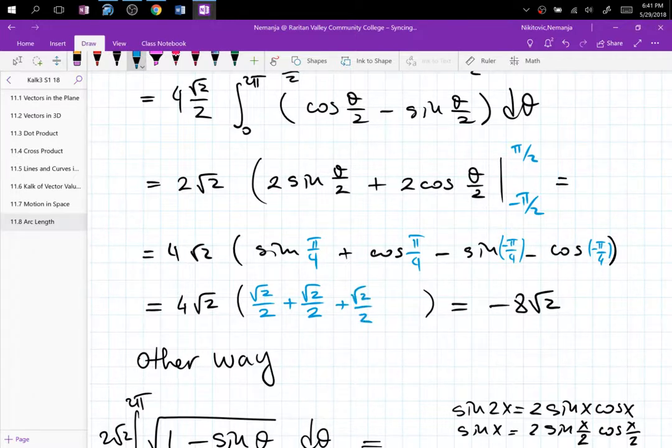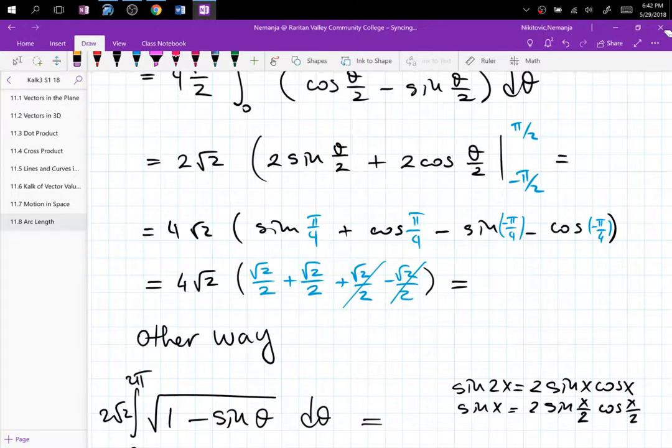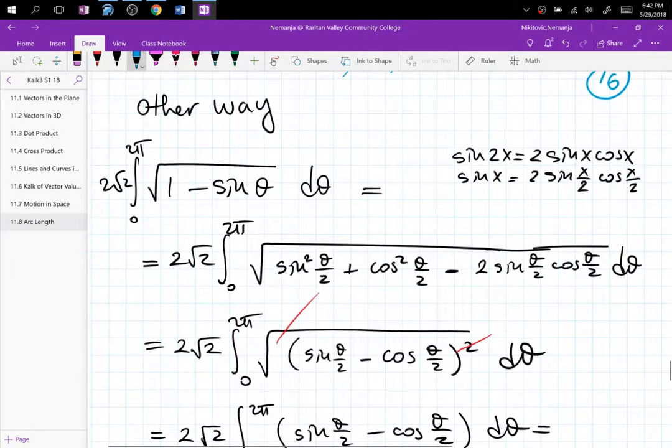Cosine is an even function, so cosine will be root 2 over 2, and the negative, so minus root 2 over 2. So these ones will cancel, actually. And what I have is 4 root 2 times root 2, which gives me 8, and then double it to 16. So the original problem, the way I did it, works, and also this method.